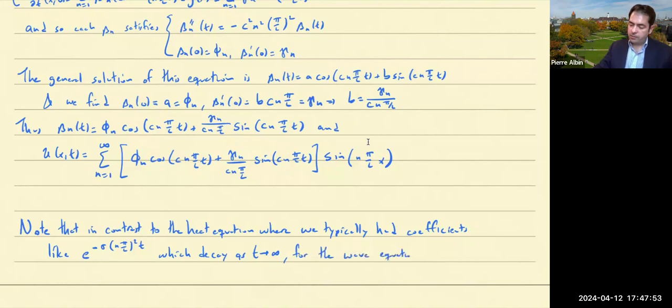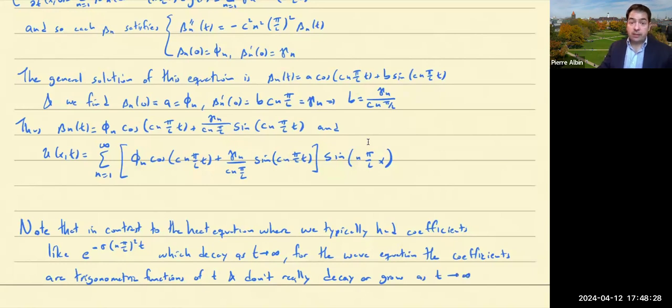For the wave equation, the coefficients are trigonometric functions of t, and don't really decay or grow as t goes to infinity. Right, so that's a big difference between the heat equation and the wave equation.